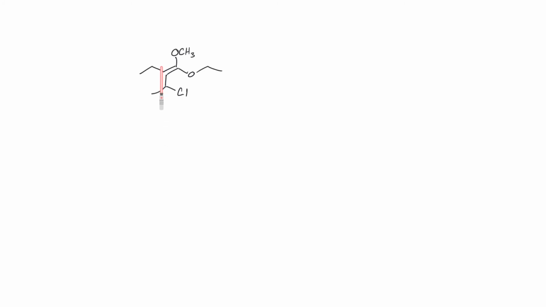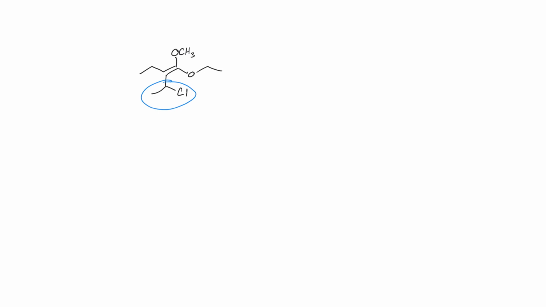On the left carbon, I have an ethyl group, and I have an ethyl group, but it has a chlorine on it. So which of those do you think is the highest priority group? Probably the one that has both a branch and a heavier chlorine atom. So that's going to be higher priority there. Then on the right alkene carbon, I have OCH3 and I have O-ethyl.